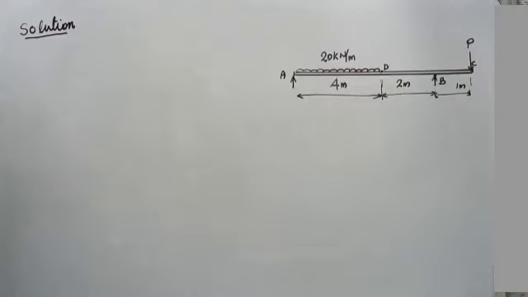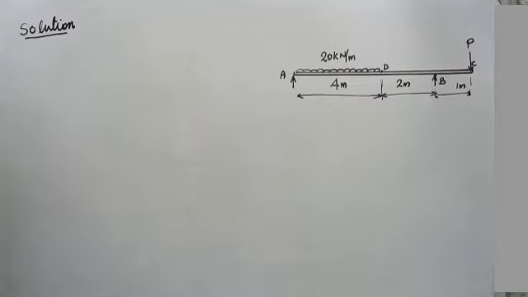This is an overhanging beam, and it has a UDL from A to D, and it also has a point load P acting at point C. We have to find the value of P. Also, we have to draw the shear force and bending moment diagram.